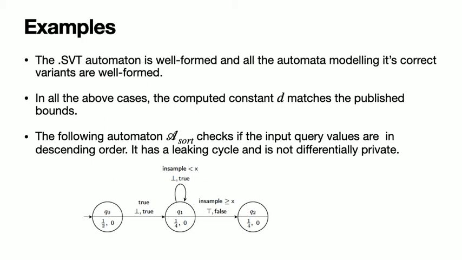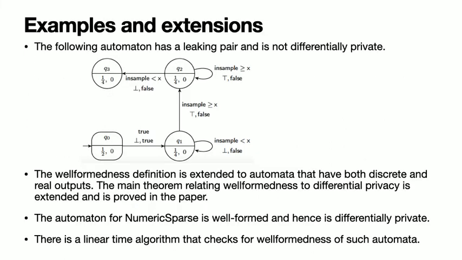Otherwise, it keeps outputting bottom. Now, if you look at the automaton given in this slide, you see that it has a leaking pair. The first cycle is an L cycle, the second cycle is a G cycle, and there is an AG path. Therefore, this automaton has a leaking pair and is not well-formed.